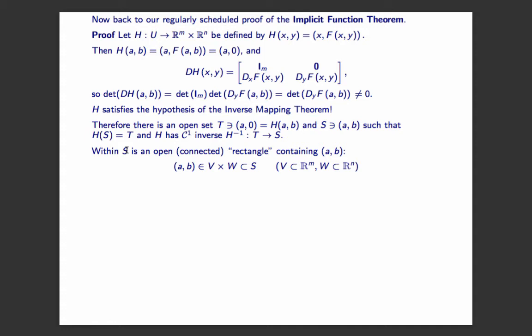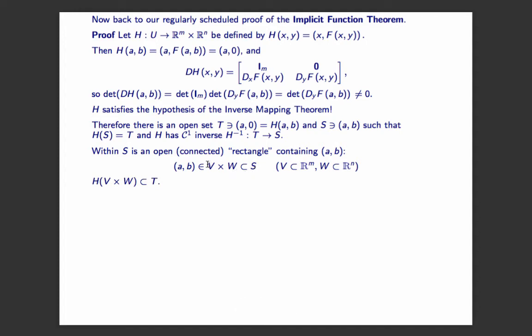So within S is an open, connected, quote-unquote, rectangle. It's in quotes because V is m-dimensional and W is n-dimensional, so it's not exactly a 2x2 rectangle. But I'm considering some open connected set V by open connected set W, and that's contained in S. Because eventually I want to find a function that maps V to W.